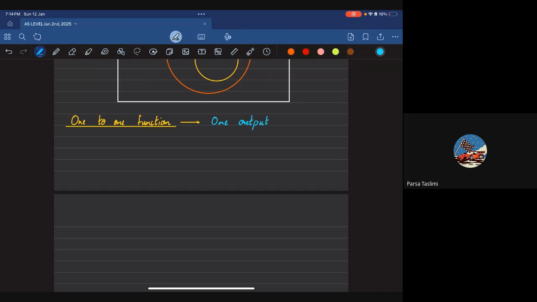Usually, these types of functions are linear functions. We also call them linear functions because linear equations and any sort of linear relationship is going to have what? One output to one input.